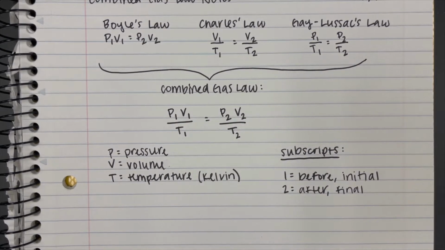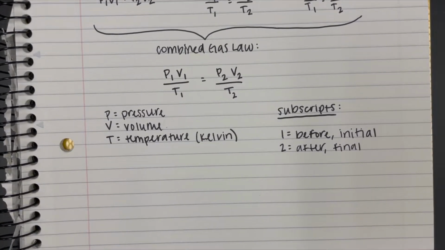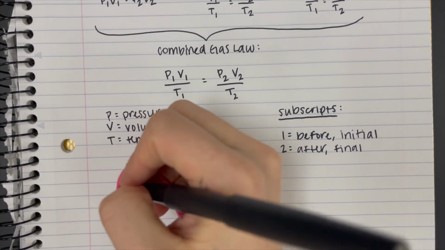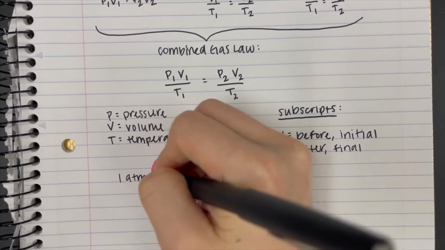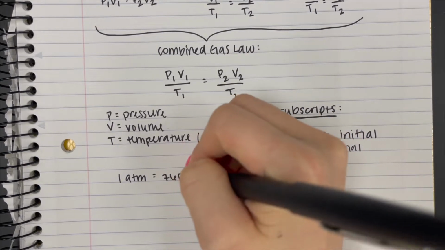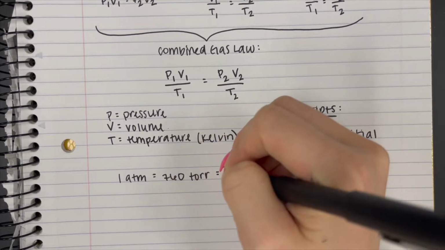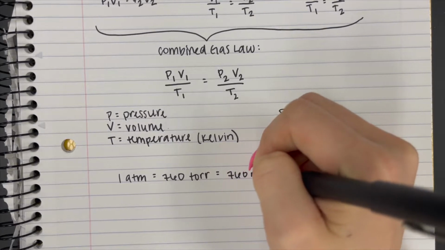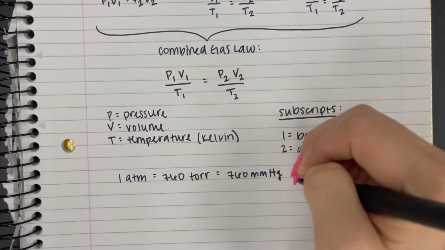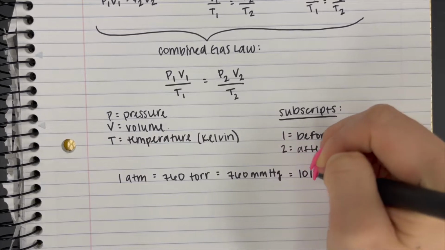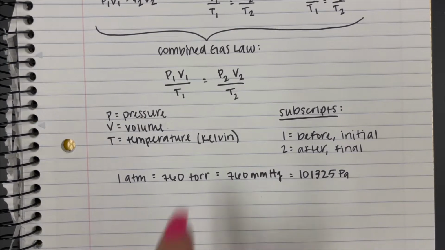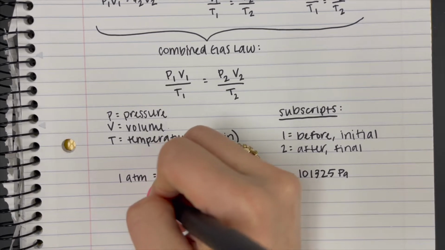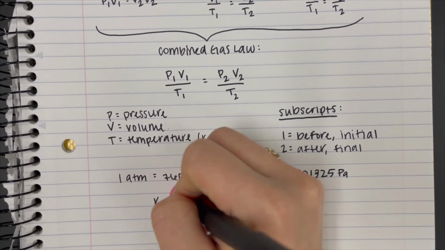Another important thing to know before we get started are some important conversion factors. Right now, I'm writing the conversions for our different units of pressure. This was already in your notes from Monday, but it's always good to have it handy when you're doing any type of gas law calculations. Another important one is how to convert Celsius into Kelvin.